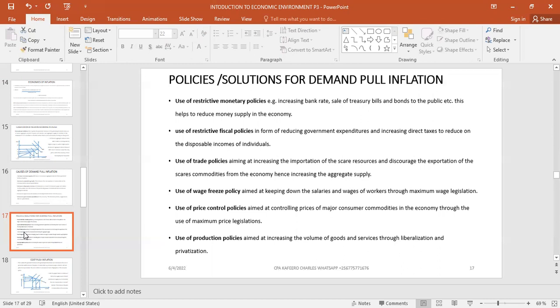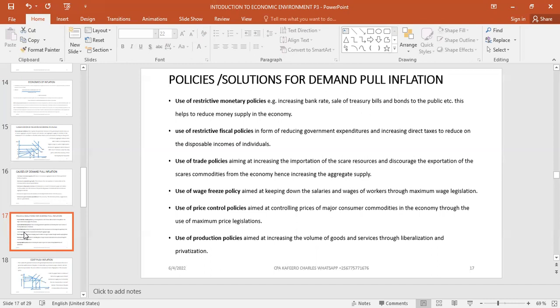The other thing we can talk about is use of restrictive fiscal policies. These fiscal policies are in terms of loans and taxation. Then we expect that the government should also increase the direct taxes. We are talking about direct taxes because these are the ones the government used to deduct money directly from someone's earnings.